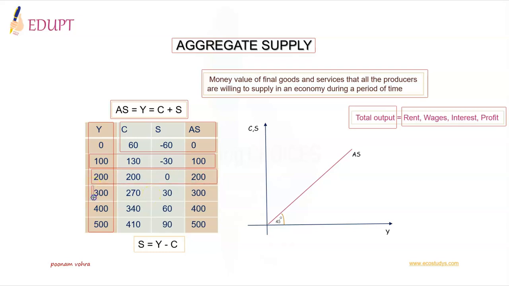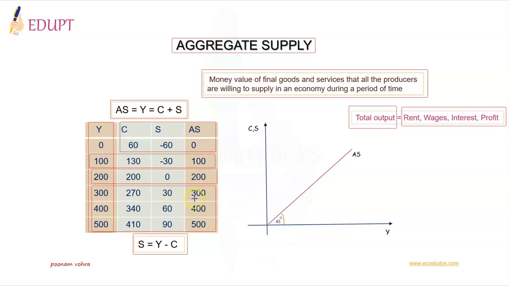With 300 income, now consumption is 270, savings are 30. So 300 is the aggregate supply. Similarly, one can find for the rest. It is clear because if Y is equal to C plus S, savings can be Y minus C, and that's what we have just seen.